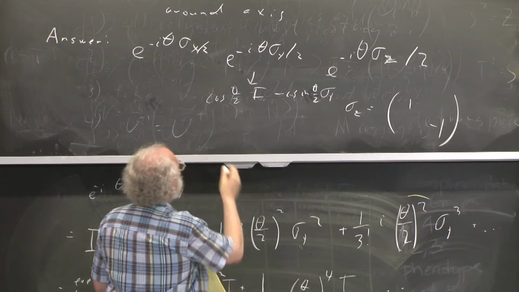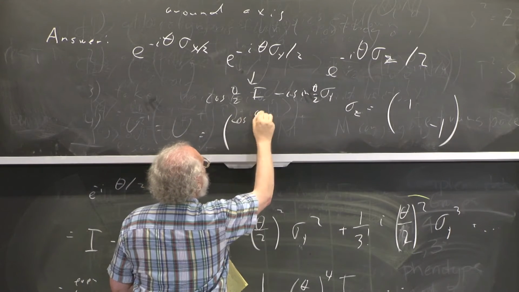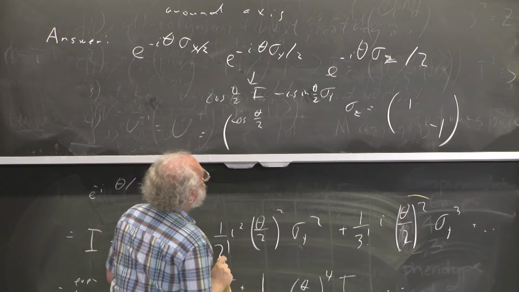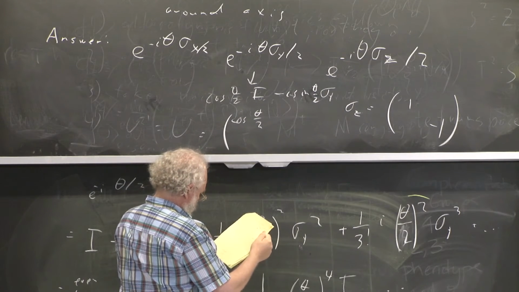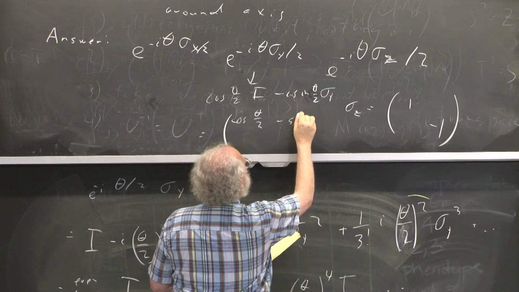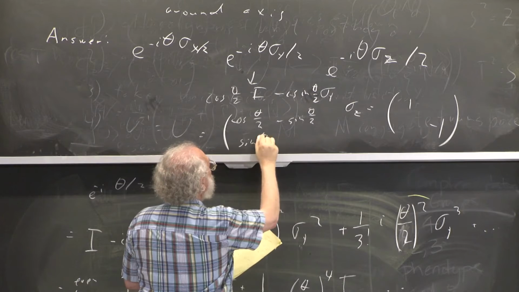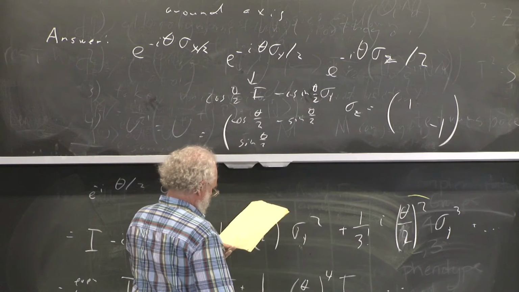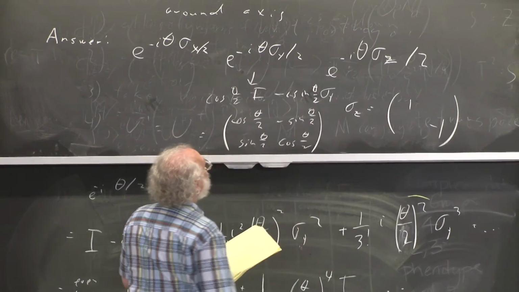which is equal to cosine theta over 2, minus sine theta over 2, sine theta over 2, cosine theta over 2. Gosh.